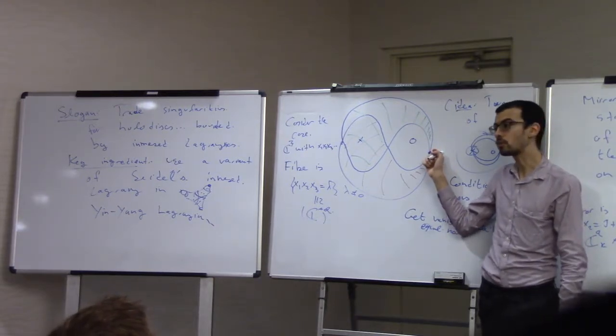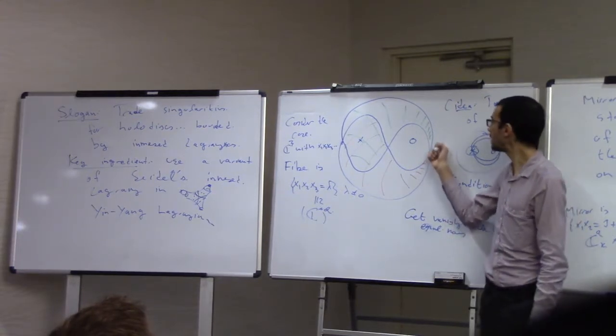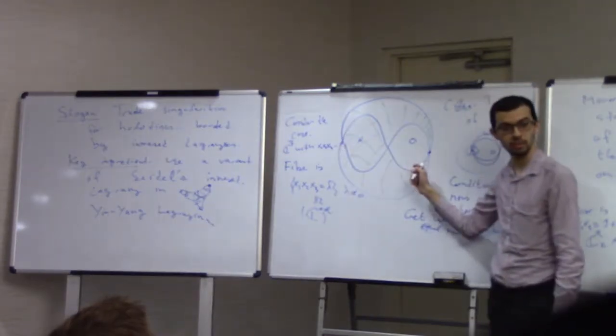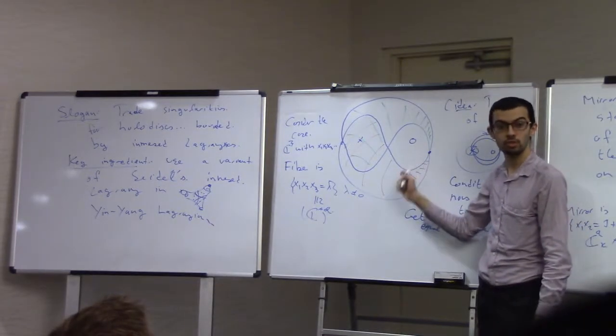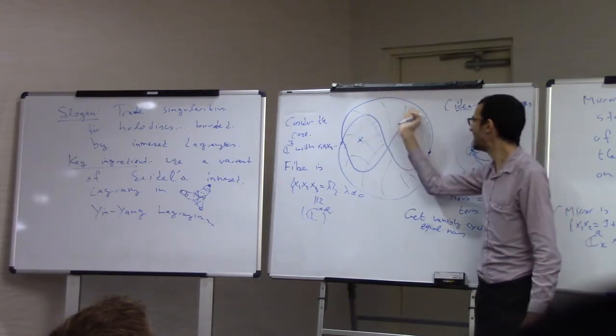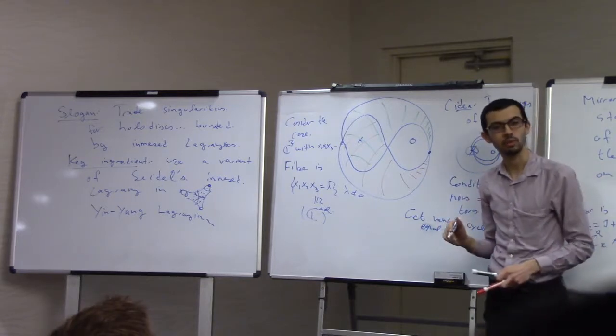And the only way for you to get curvature is for these contributions to cancel. But then clearly, this one winds around this, and this one winds around the rest of the curve. Okay? So if the contributions are going to cancel, you better have the weights be equal. And that's exactly what y0 equals 1 tells you.